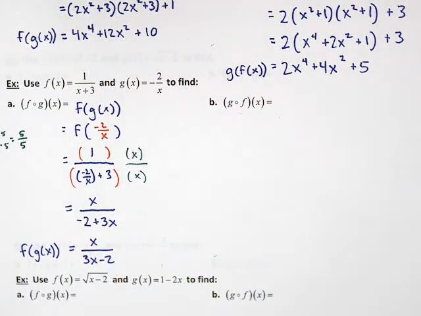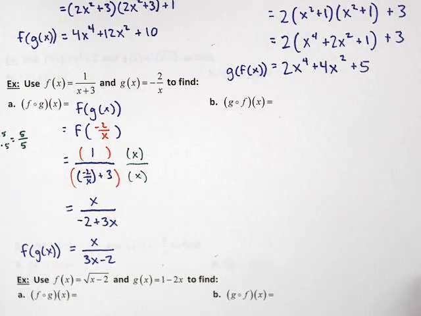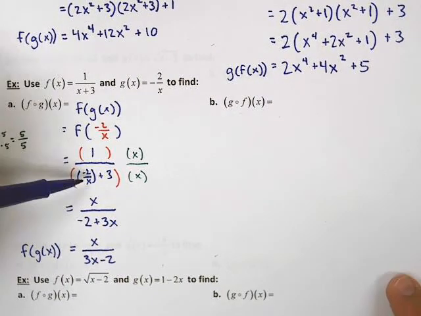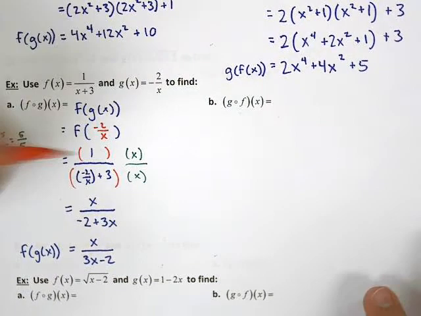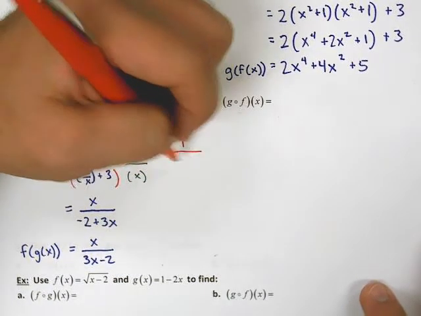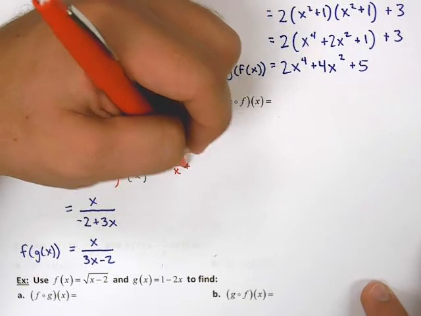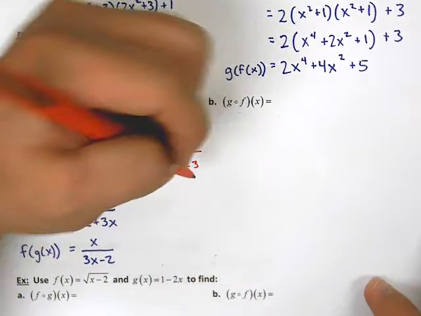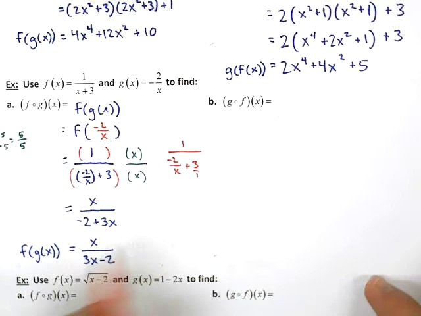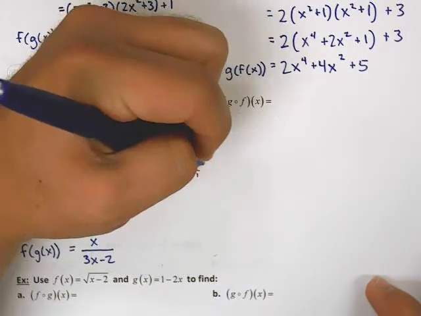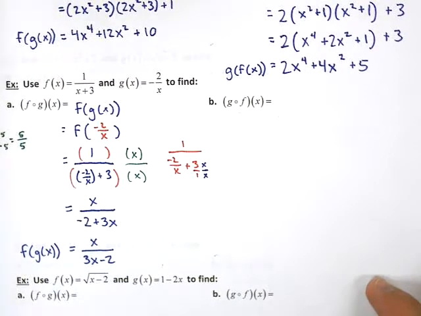Alright. If you had gone the other method, like if you had got a common denominator, let's do that real quick, actually. So let me rewrite this. 1 over negative 2 over x plus 3. Alright, well this has a 1, right? So I'd need to multiply this by x over x. So what would happen?